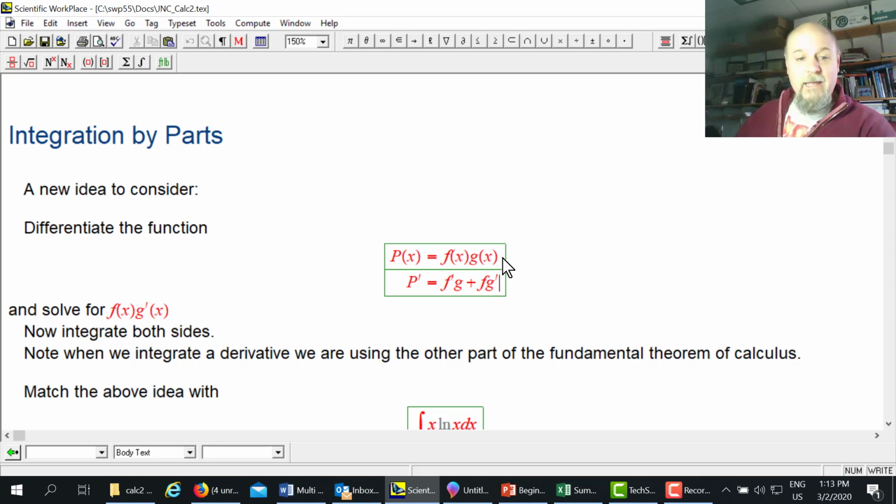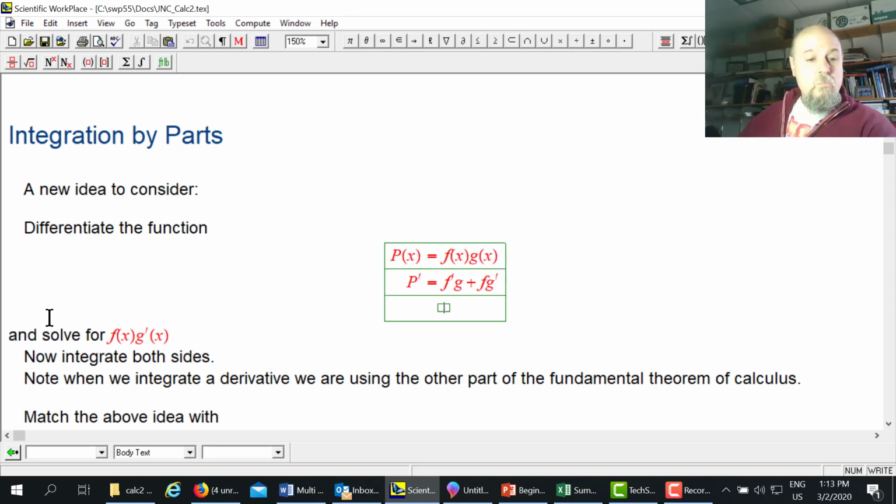Now what I'd like to do is solve for f g prime. So f g prime is equal to p prime minus f prime g. Okay, so far so good.